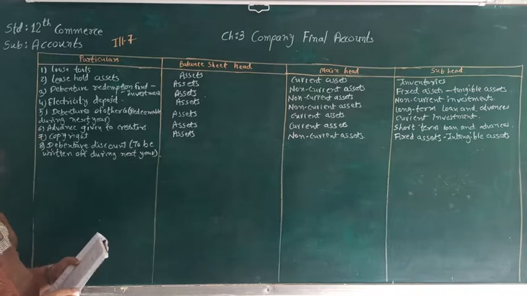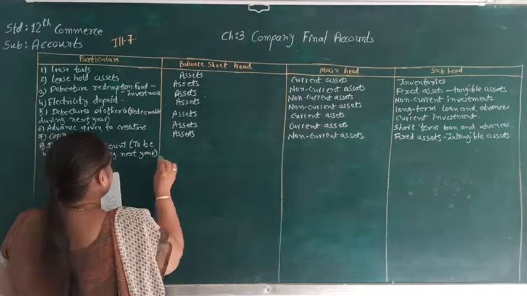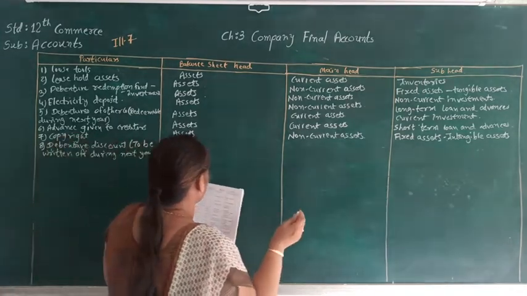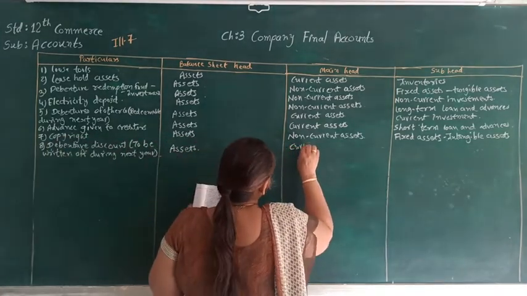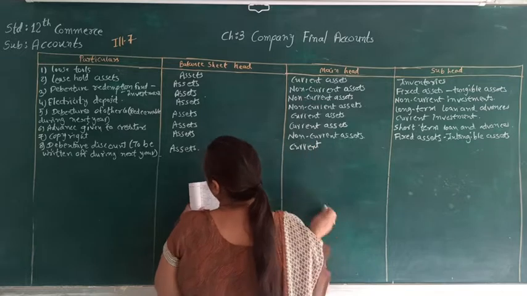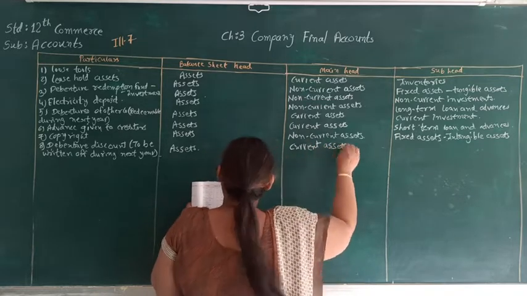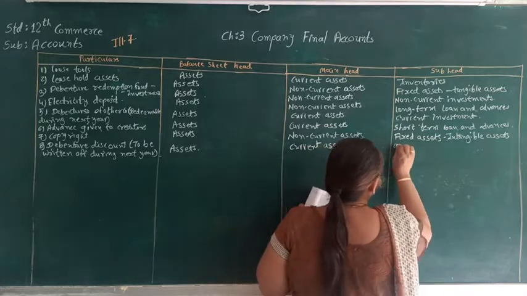So it is an asset of the company and it is a current asset, as it is written off during the next year. So it is a current asset, other current asset.